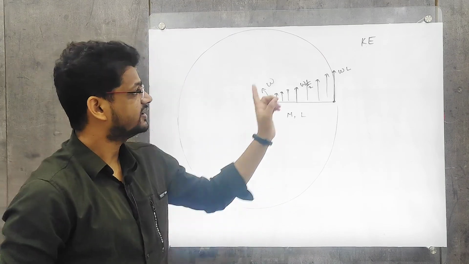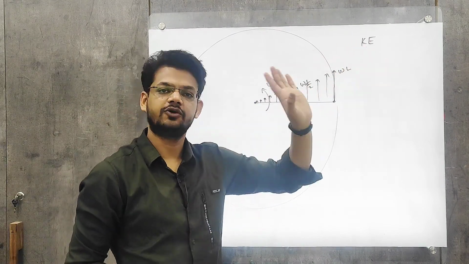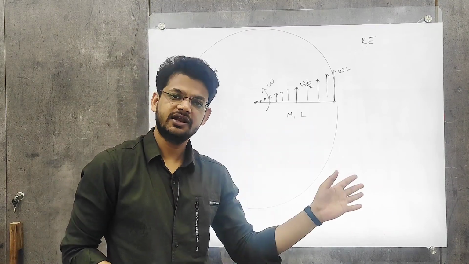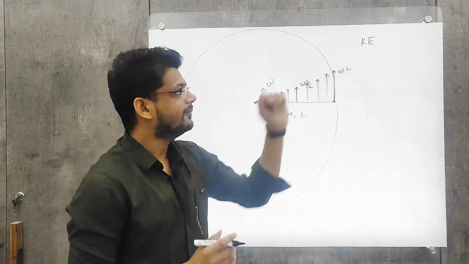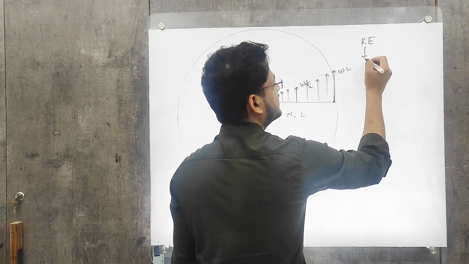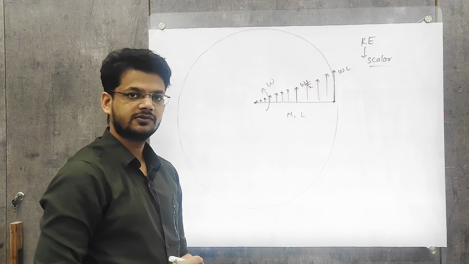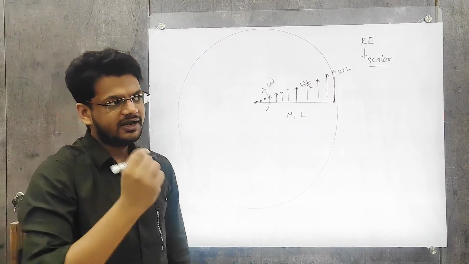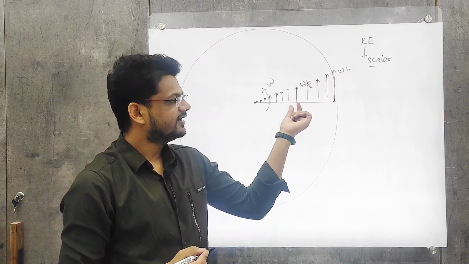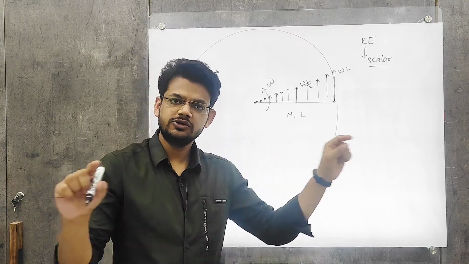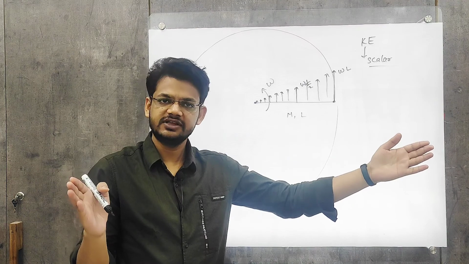Now our target is to find the kinetic energy of the rod. As I told you, the number of points in the rod is infinite. What type of quantity is kinetic energy? It is a scalar quantity. So what I can do is find the kinetic energy of a single point and add all the kinetic energies of these points.